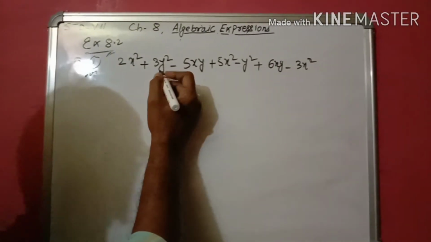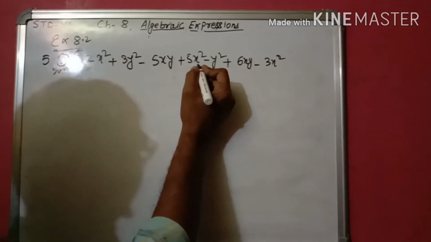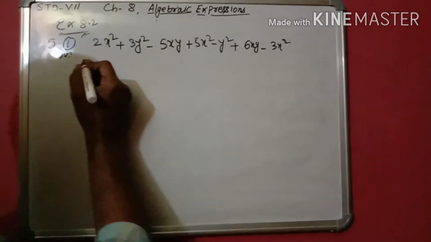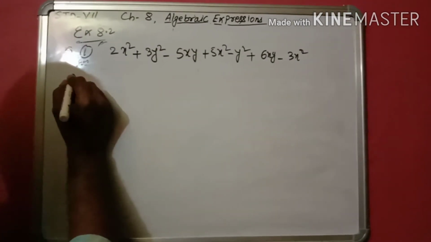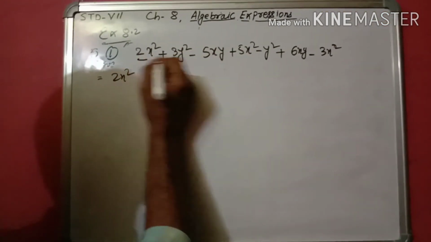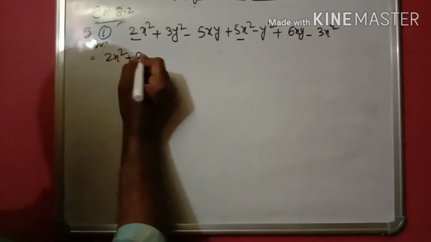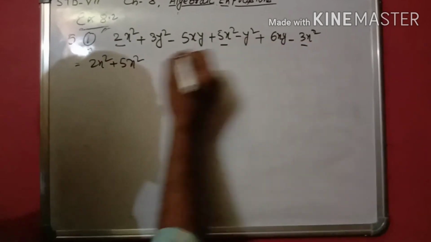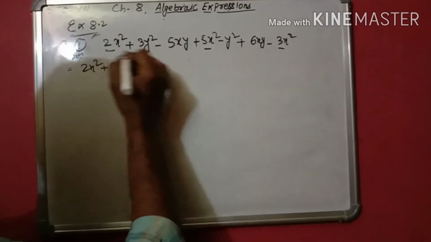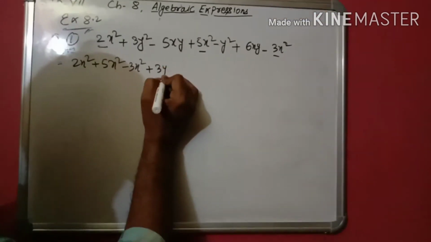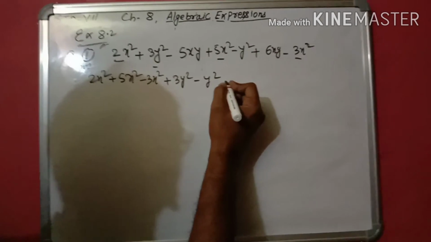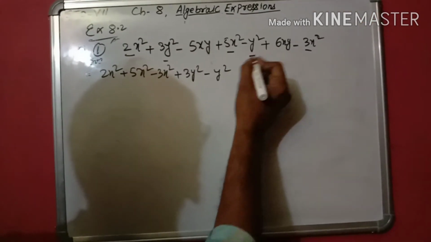2x square plus 3y square minus 5xy plus 5x square minus y square plus 6xy minus 3x square. First of all we have to take like terms one side, means 2x square plus 5x square minus 3x square. Now no more x square terms are there. Now 3y square minus y square, so y square terms are also over.